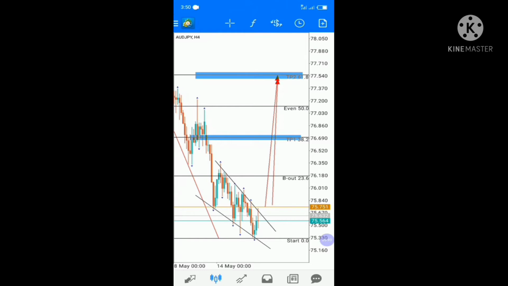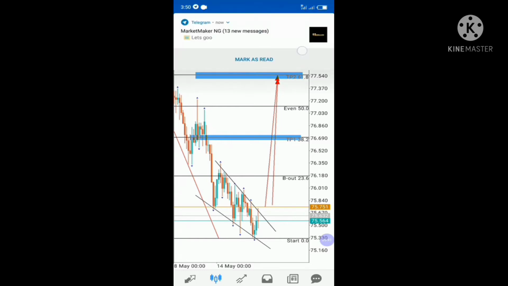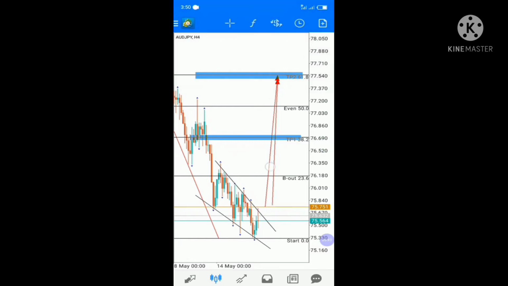If you are used to drawing support and resistance, you will know what is called strength analysis. If you are used to strength analysis, you will know that for this pattern to be successful, we have to make sure that AUD is very strong and JPY is very weak.